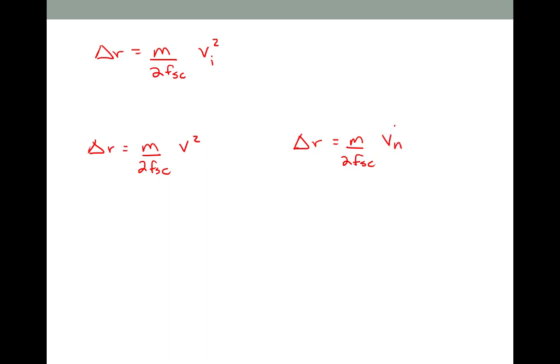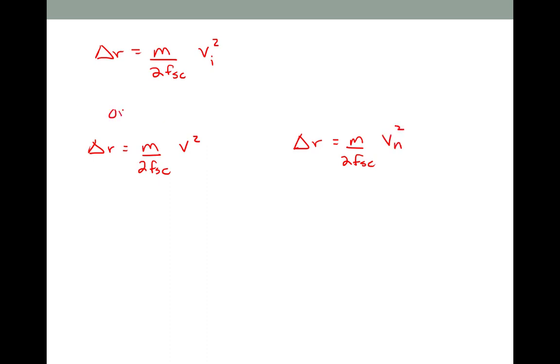I found just now that delta r equaled m over 2 times the force of friction times v squared, whatever that initial velocity squared was. Well, the original one I had, I'm going to write as this. And then when I do the new one, I'm going to put this in as v new squared.